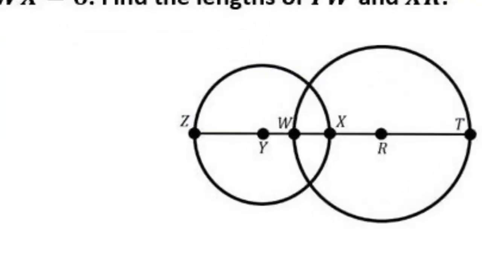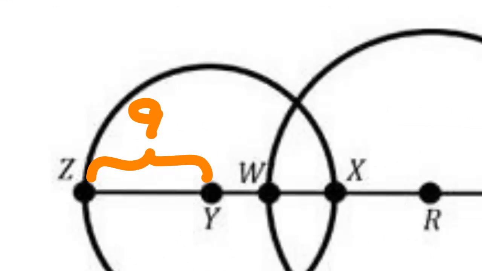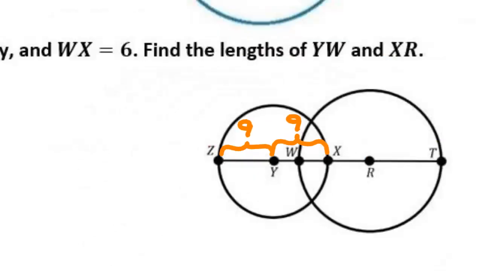Well, if the diameter of circle Y, from edge to edge, is 18, how big is each radius? 9. So I'm actually going to take this away so I don't have too much on the picture. This would be 9 here, and this would be 9 here.